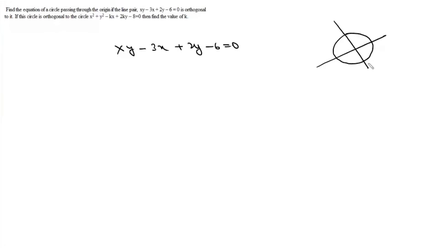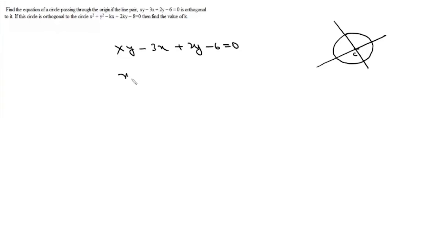Now here the question is, find the equation of circle passing through origin if the line pair xy minus 3x plus 2y minus 6 equals 0 is orthogonal to it. Now a line orthogonal to a circle is basically its normal, and these lines will pass through the center of the circle. So the point of intersection of this pair of lines will give us the center of this circle.